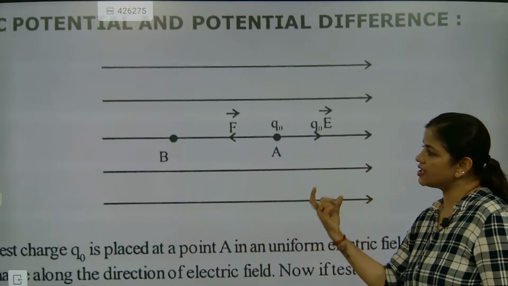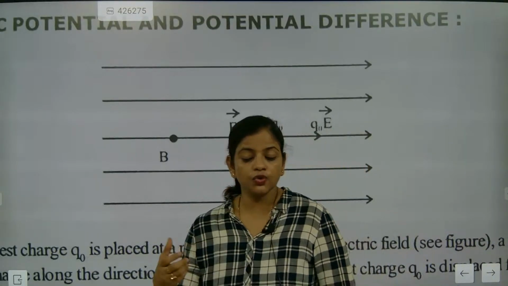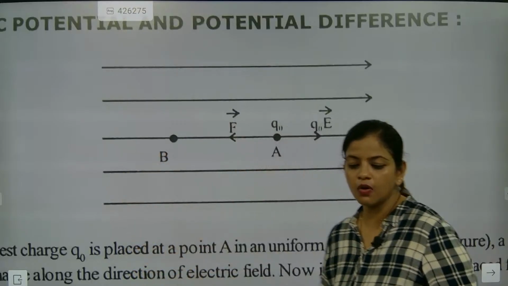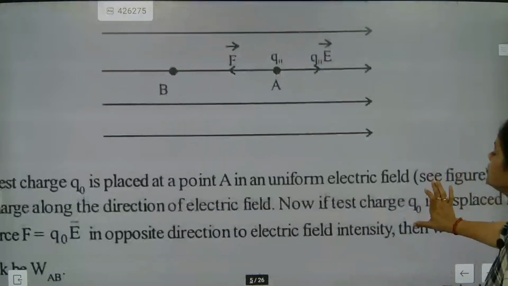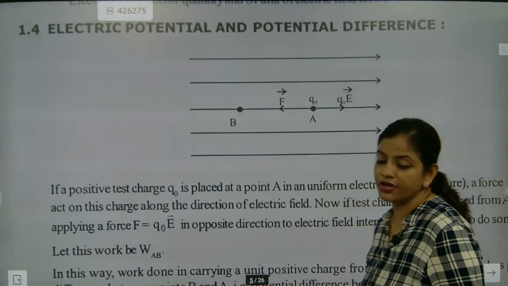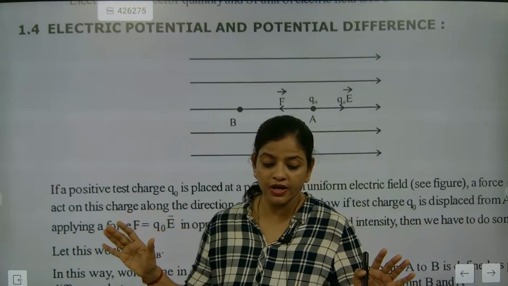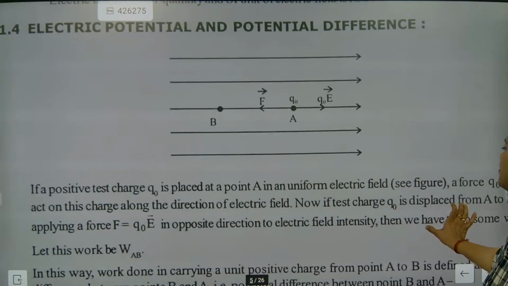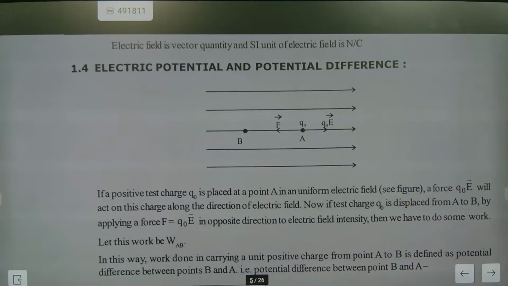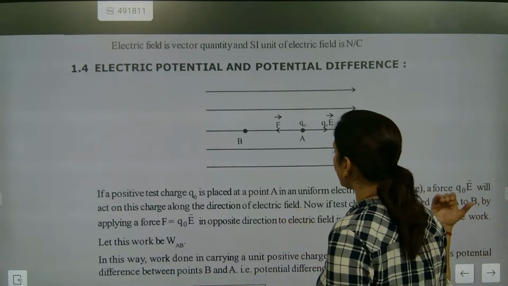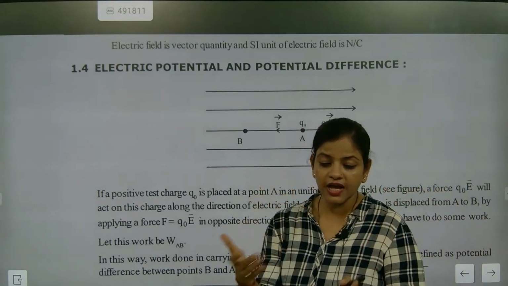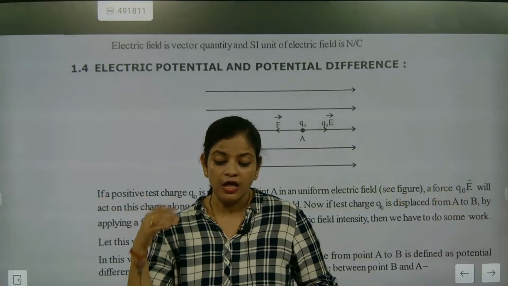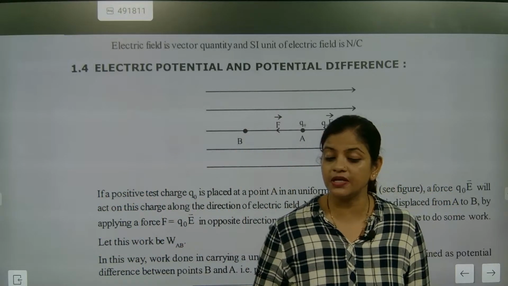Now this point charge will show some repulsive or attractive force. Uniform electric field means the distribution of energy is uniform. Here, in a uniform electric field, a force will act on this charge along the direction of the electric field. So the point charge will experience a force in the direction of the electric field.